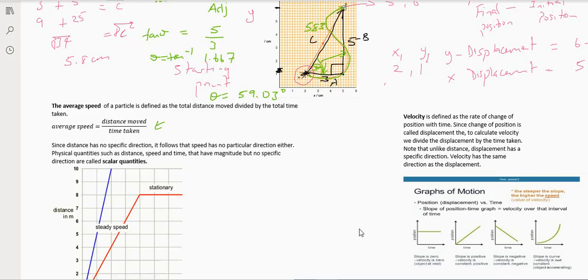We know that whenever we measure distance, there is no specific direction, hence the reason why speed has no particular direction associated with it. Physical quantities such as distance, speed, and time have only magnitudes and no specific direction, so that's why we classify those as scalar quantities.